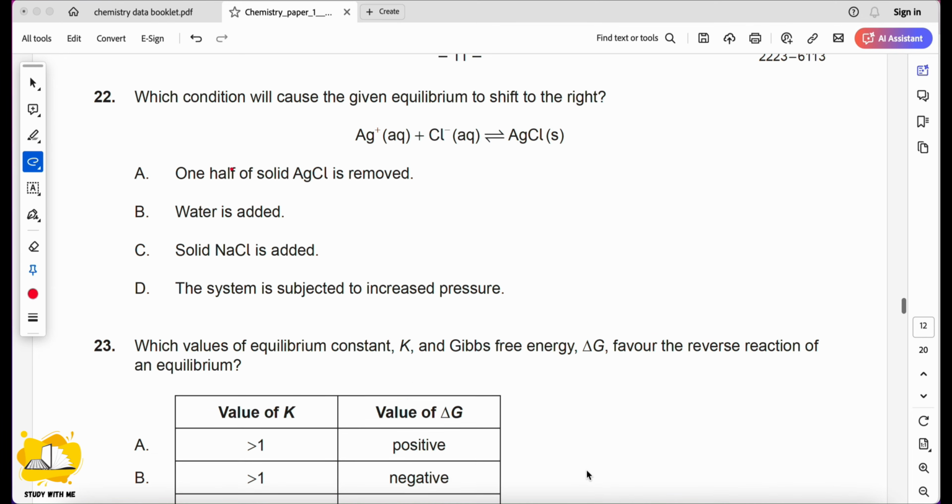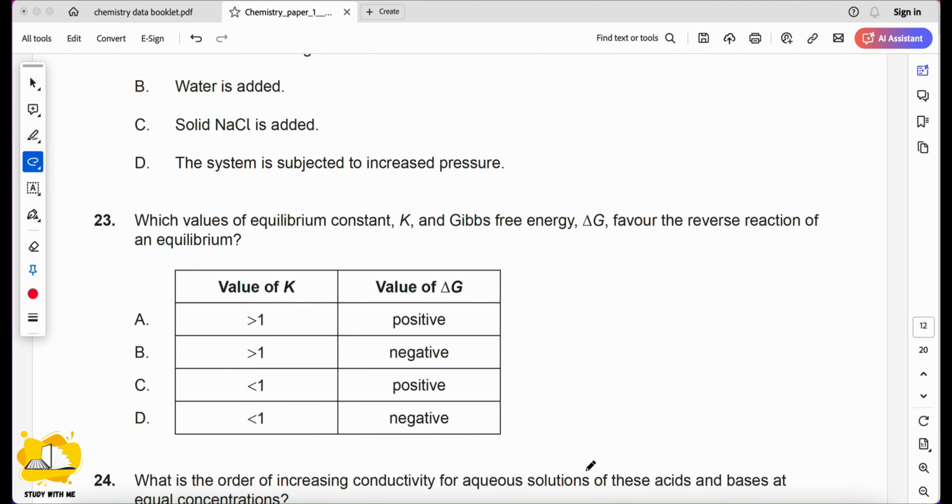Number 23, which values of equilibrium constant K and Gibbs free energy delta G favor the reverse reaction of an equilibrium? So if the equation is delta G equals negative RT ln K, if K is smaller than 1, ln K is negative, so delta G will be positive.